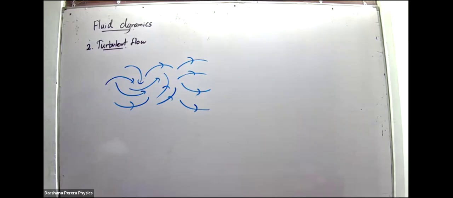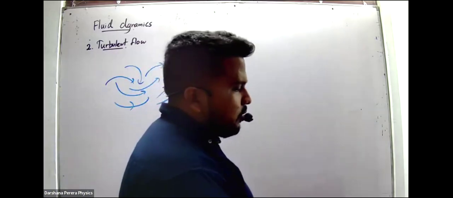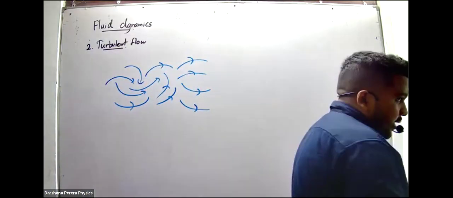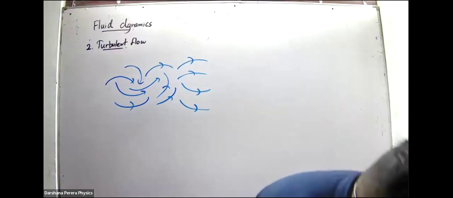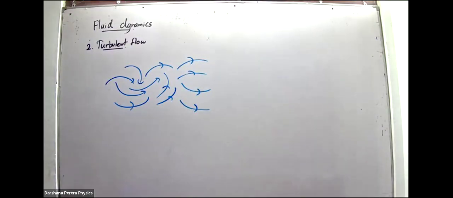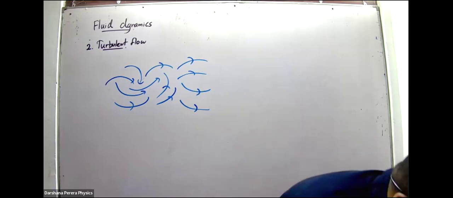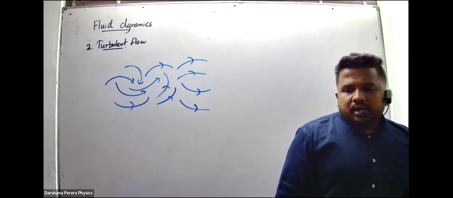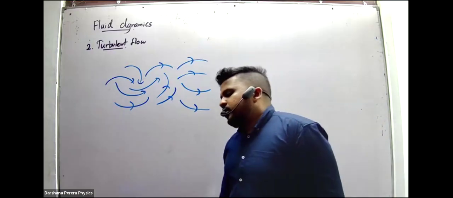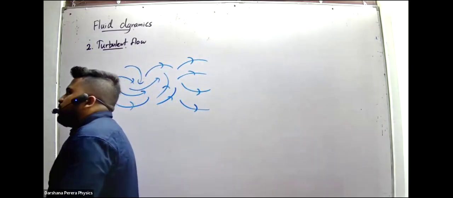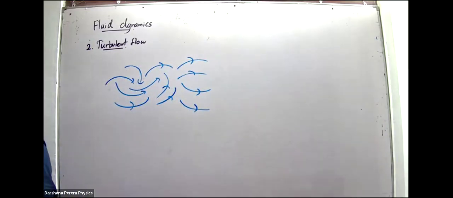Then we have to discuss the fluids. What are the fluids? Fluids are gases and liquids. What are the types of fluid? There are compressible and incompressible fluids. Compressible means if we give pressure, it gets compressed, but incompressible means if we give pressure, it does not compress.